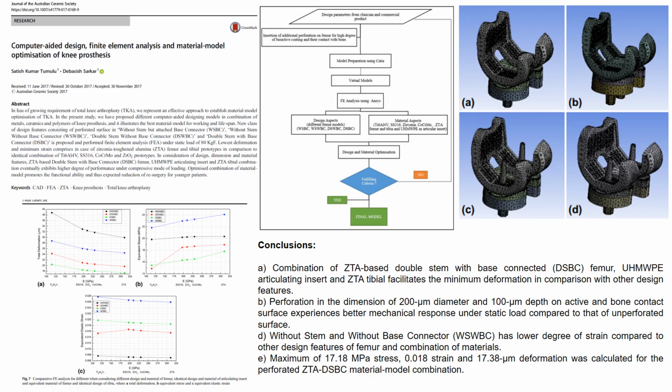This is a simple example which has been published by my BTech student. We tried to develop a knee prosthesis with 4 models and 5 different materials, for optimization of material and model. Here we can see there is a gap between 2 parts.